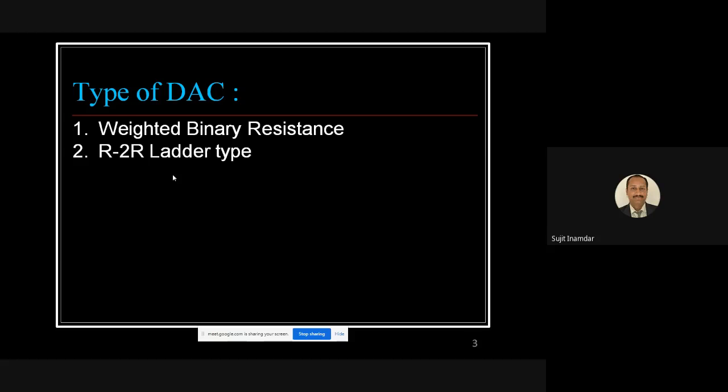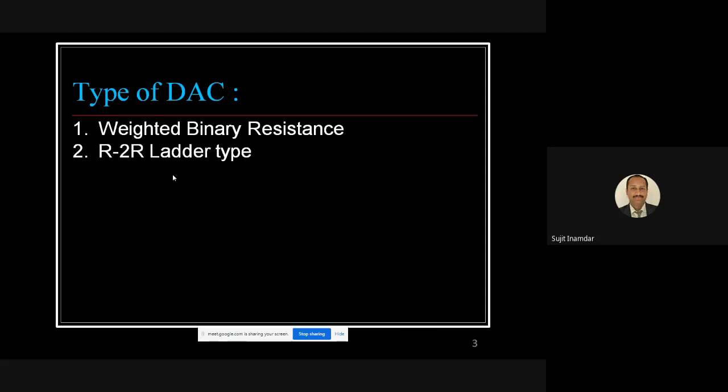We give the input as 11111111, and it gives the output in the form of 0, 1, 2, 3, or 0.1, 0.2, because the analog signal is a continuous signal. But it has some disadvantage. That is the first method.